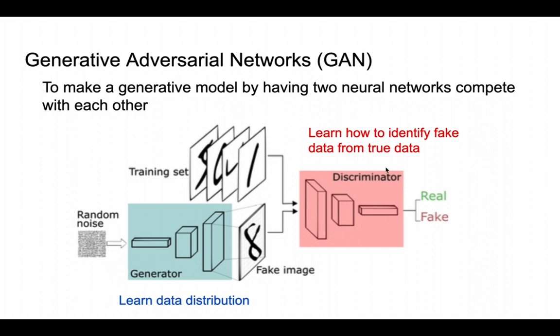Second is a discriminator. This discriminator will take a train set, which is the sample we target to learn, and the fake data. The discriminator will learn how to identify fake data from the true data. The goal of the generator here is to trick the discriminator, determine the image.